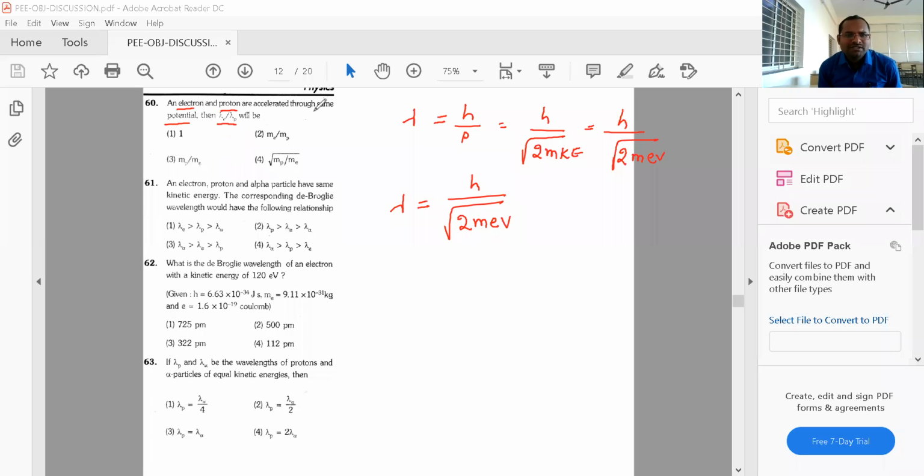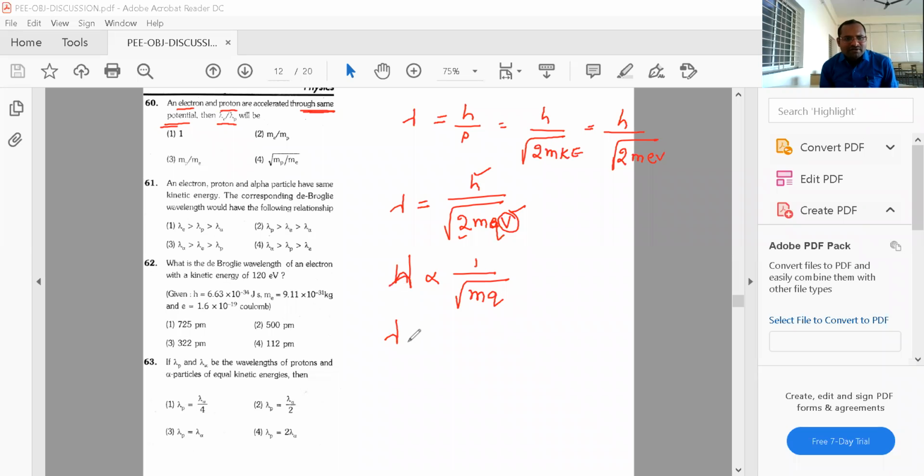Now they are saying that the electron and proton are accelerated by the same potential difference, meaning V is constant. h is a constant value, 2 is a constant value. That means lambda is proportional to 1 by root of the mass of the particle into the charge of the particle. I'll write Q; E or Q, both are the same. So what are they asking?